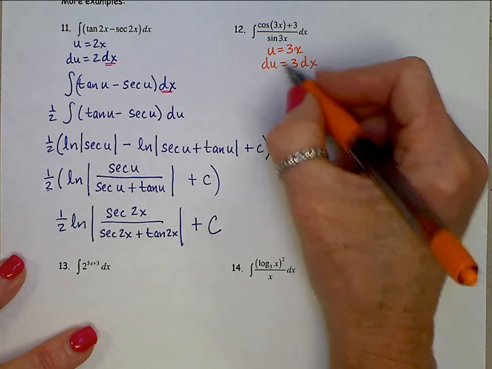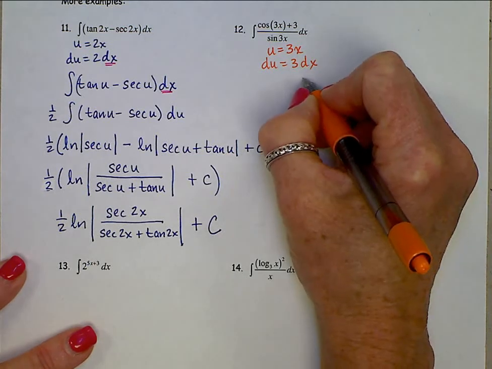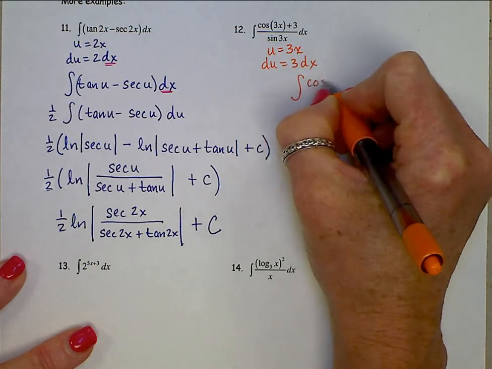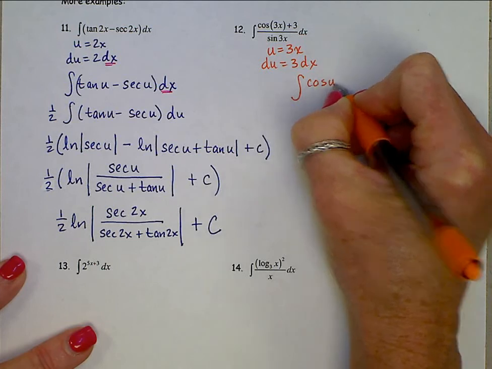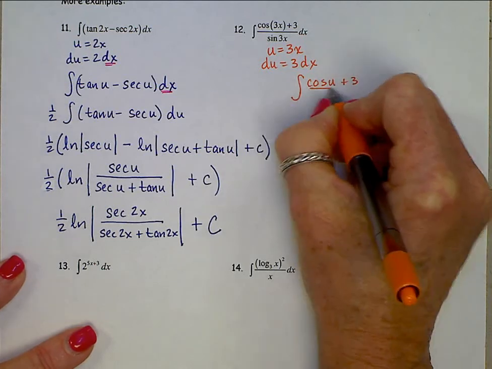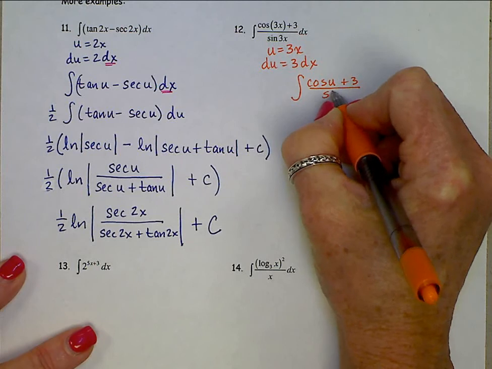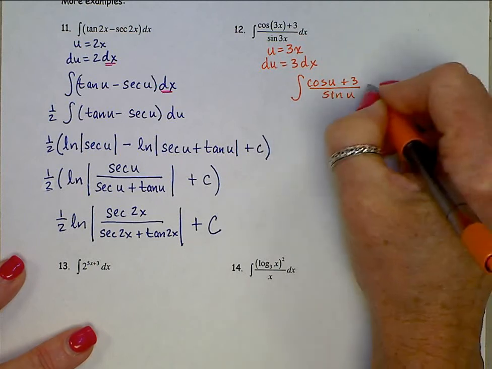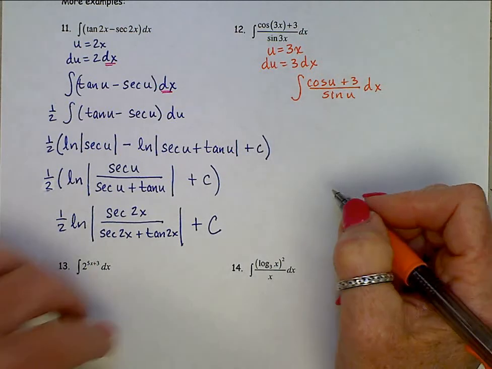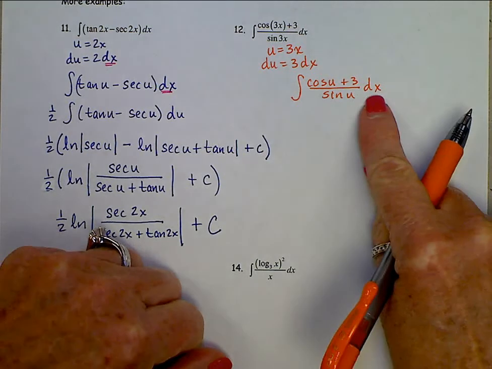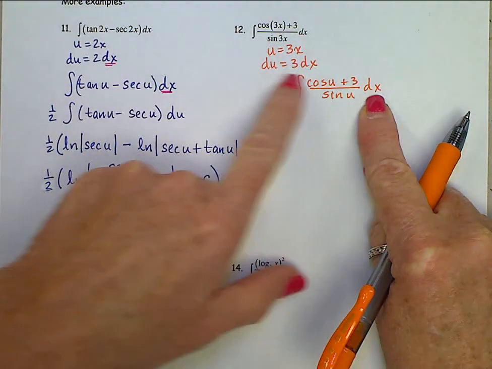When we substitute out the 3x, we have cosine u plus 3 over sine u dx. We can trade out this dx with 1/3 du.